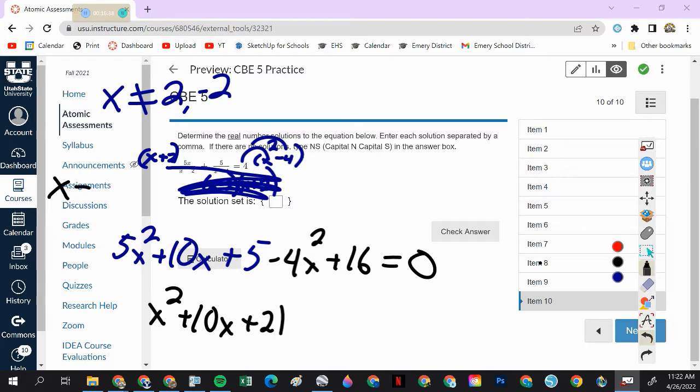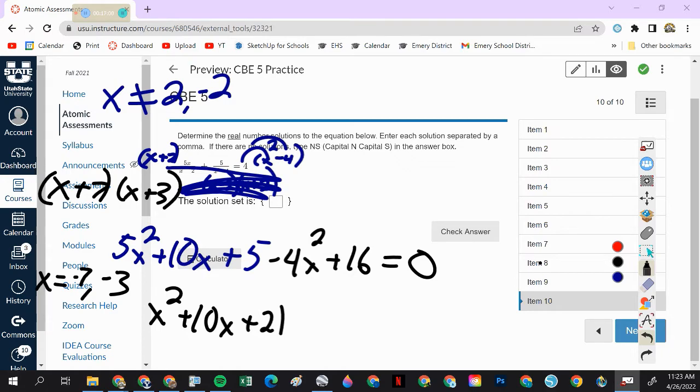So we get x plus 7 and x plus 3, which means x is equal to negative 7 and negative 3. Are either of those forbidden? No. We're not allowed to use 2 or negative 2. Those are not in the excluded list, so the answers are negative 7 and negative 3.